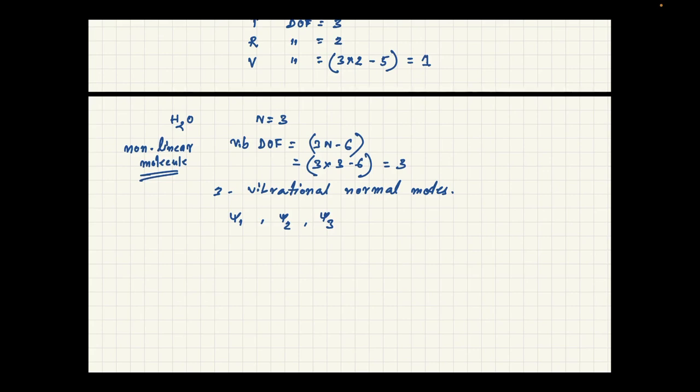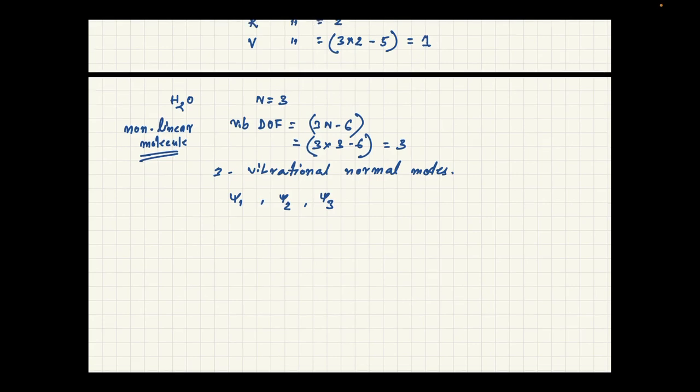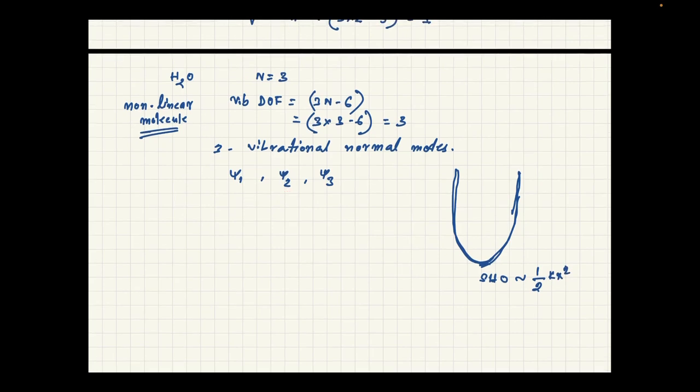Basically, we can observe the frequency associated with that particular vibrational normal mode. So this is basically a simple harmonic oscillator. The potential corresponding to the simple harmonic oscillator is half k x square, where k is the force constant and x is the coordinate, right?